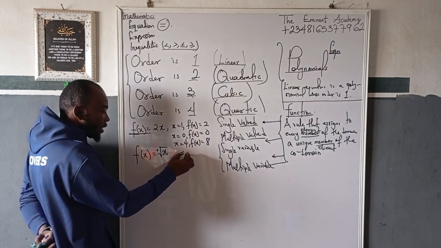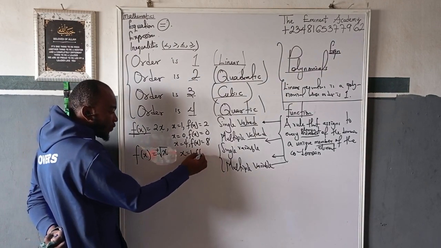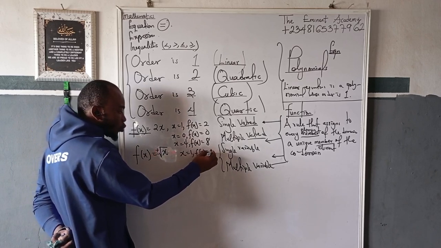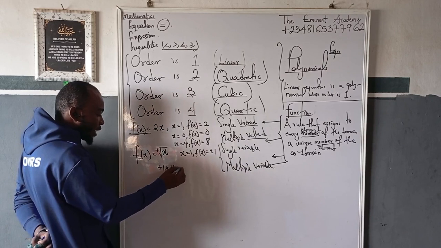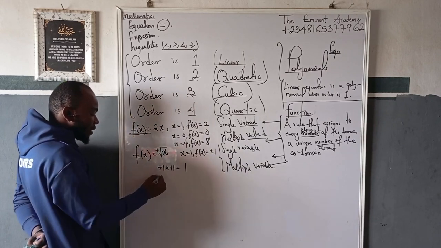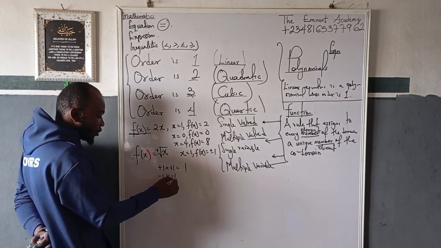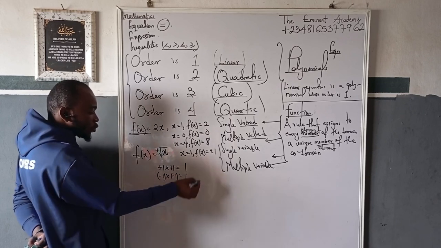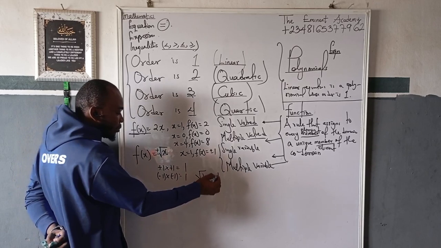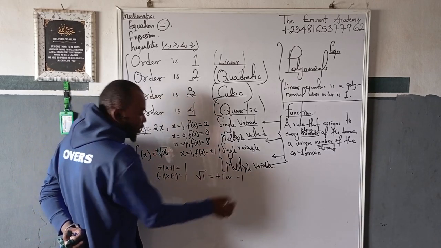So here, when x is 1, f of x will be plus or minus 1. Why? If I multiply plus 1 by plus 1, I will have plus 1. If I multiply minus 1 by minus 1, I will still have plus 1.